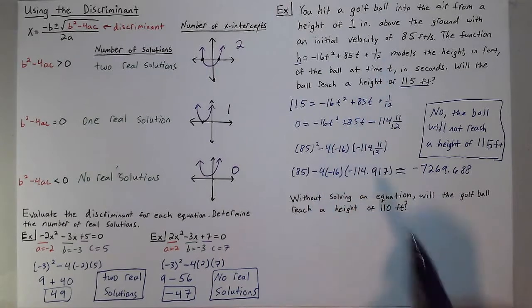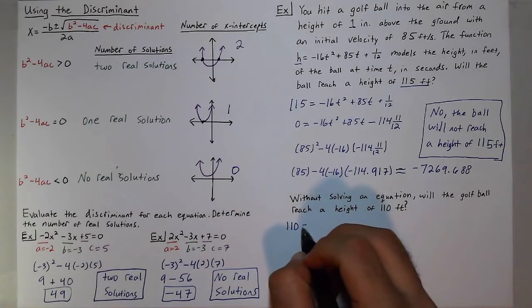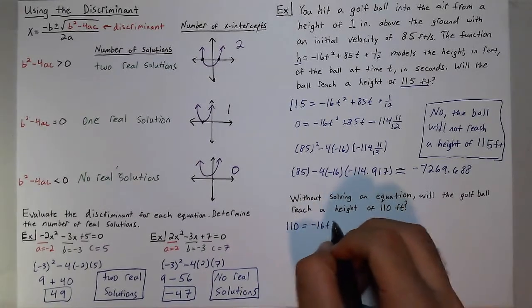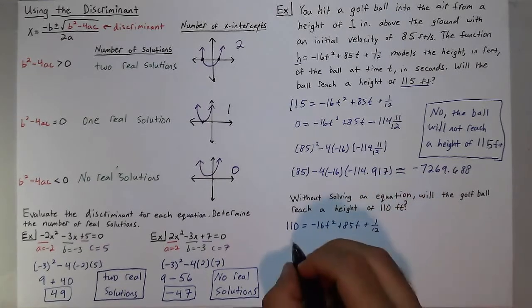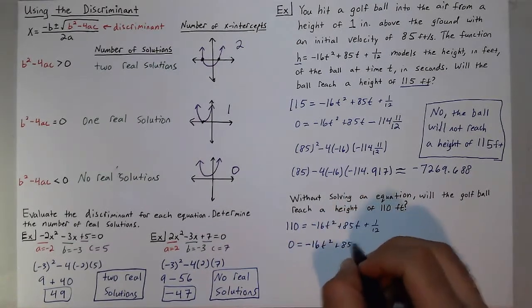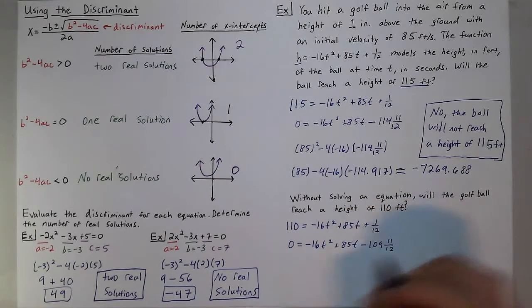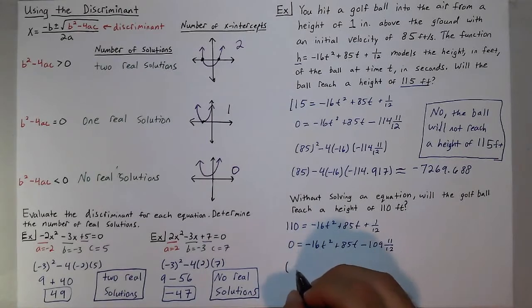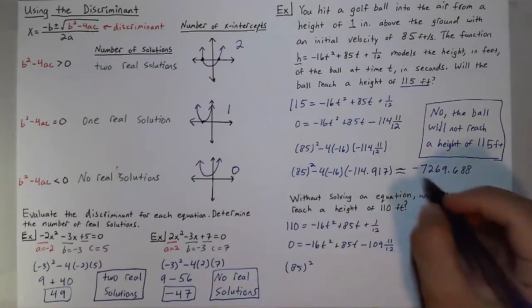Now, let's see if it could reach a height of 110 feet. So I have 110 is equal to negative 16t squared plus 85t plus 1/12. Subtract 110, I get 0 is equal to negative 16t squared plus 85t minus 109 and 11/12. Which when I plug it into my discriminant, I get 85 squared. I'm realizing I never squared the 85 earlier, so this number is probably different.